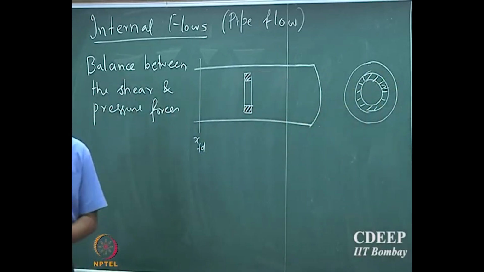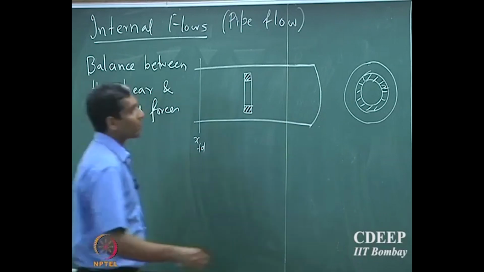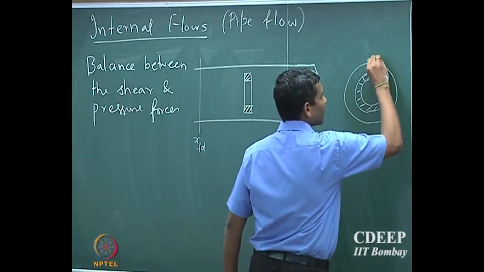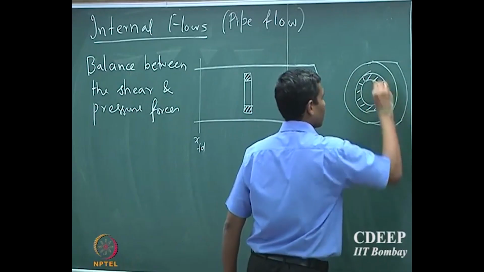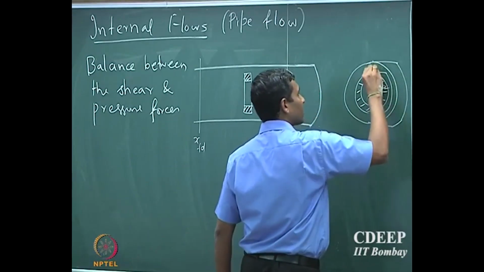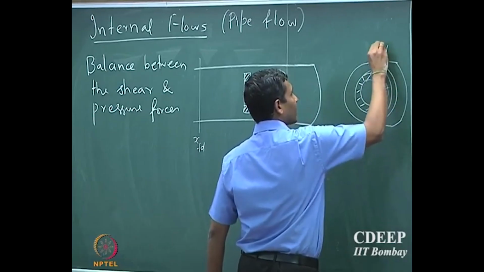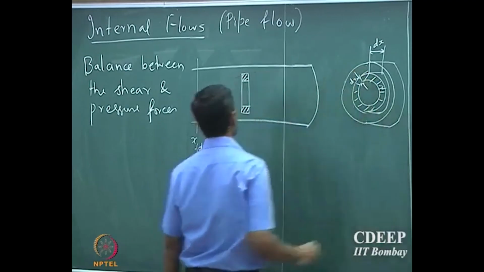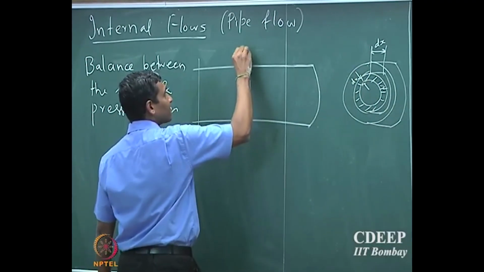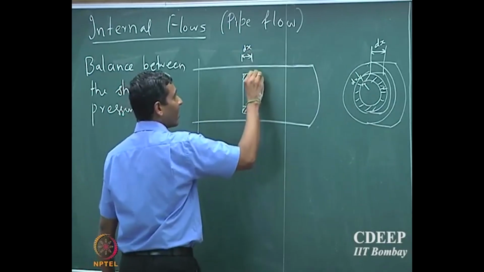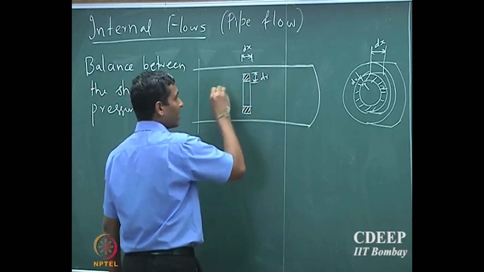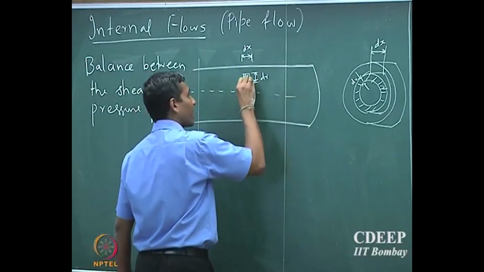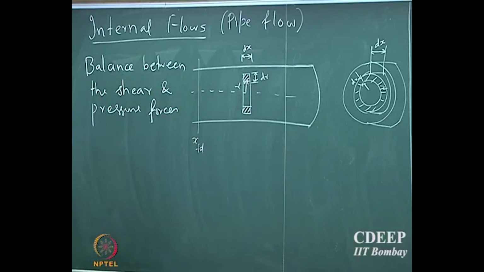So if I have an annular cross section, and let us say this is dx and this is dr, equivalently here this is dx, and this is dr, and this is located at some r position. So if the small shell is located at some r location, I can make a force balance.